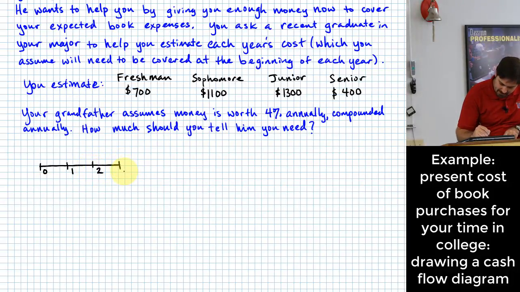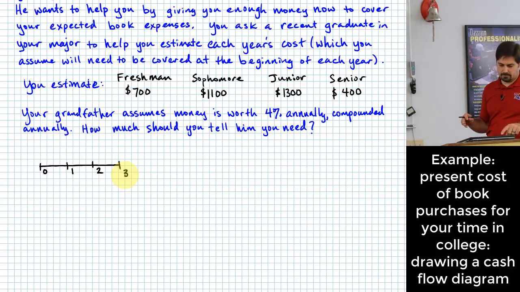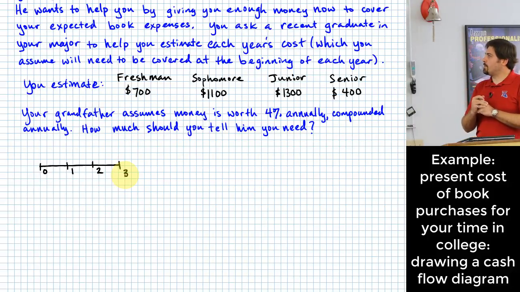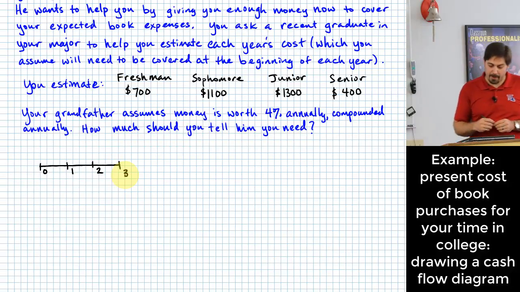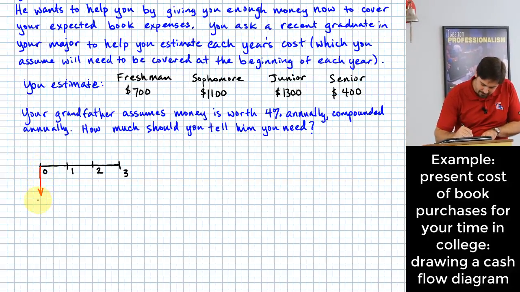And the last thing actually happens at the beginning of year 3, right? So what happens at the beginning of year 1, so at point 0 in time? You're going to have to buy $700 worth of stuff. So that's an outflow of $700.